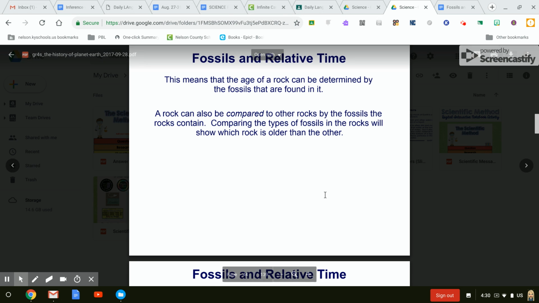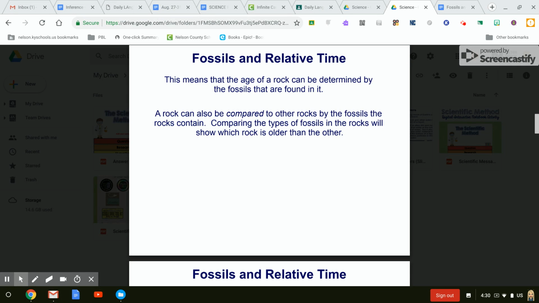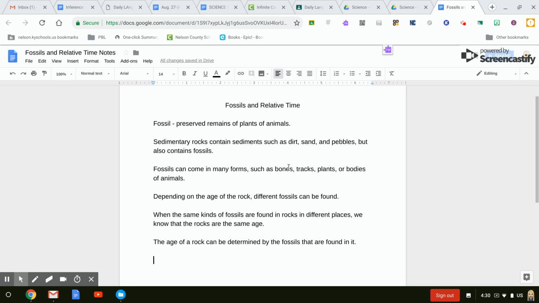A rock can also be compared to other rocks by the fossils the rocks contain. Comparing the types of fossils in the rocks will show which rock is older than the other. We're going to add that to our notes as well.